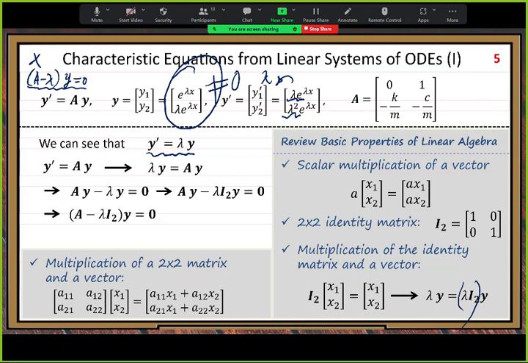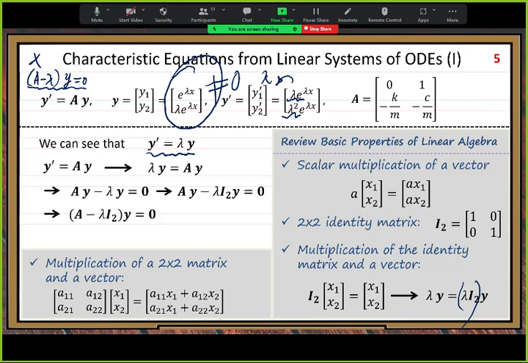Otherwise, the previous one is illegal. If we do not insert I2, the sizes are two different objects, and you cannot do addition or subtraction. Here we do the conversion. We make the same structure, so we can do addition and subtraction.